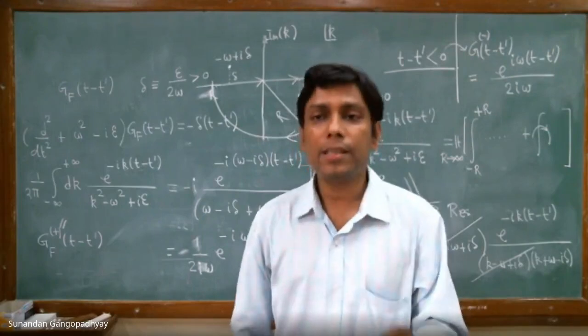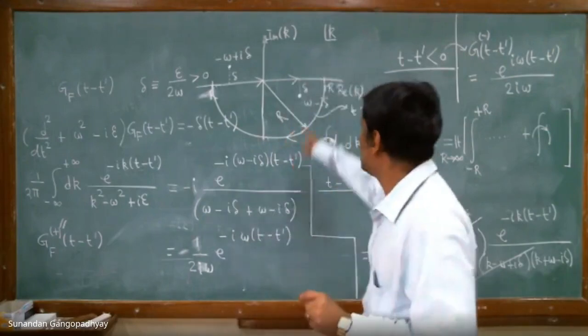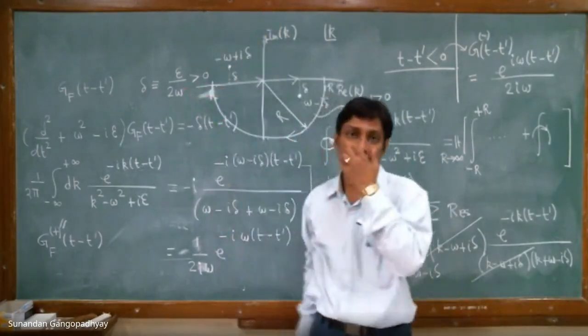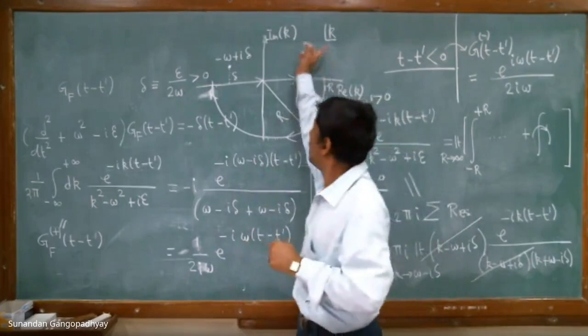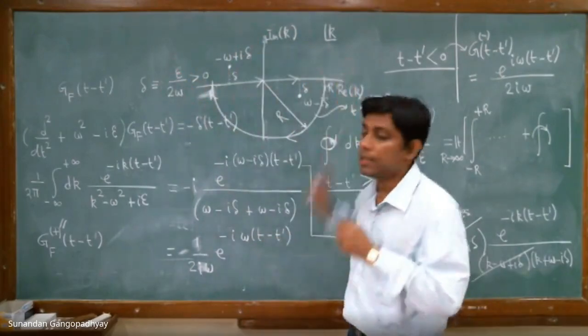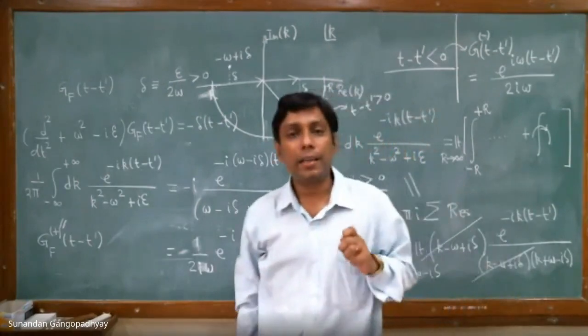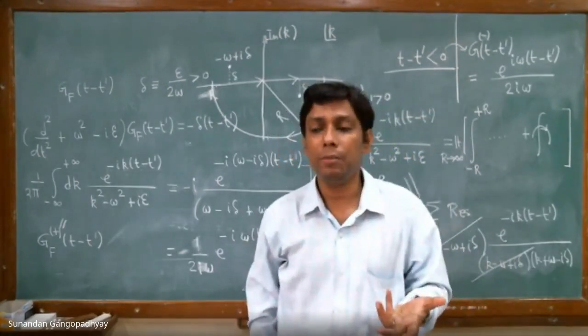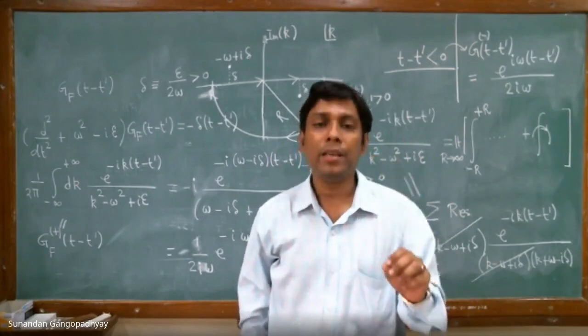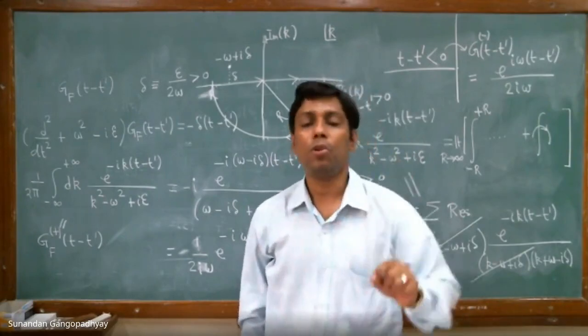And for t minus t prime greater than 0, see, we have closed the contour in the lower half plane. We have not closed it in the upper half plane. Why? Because had you closed this contour in the upper half plane for t minus t prime greater than 0, then that contribution would diverge in the limit r tending to infinity. So you have to be clever enough to find where you have to close the contour.